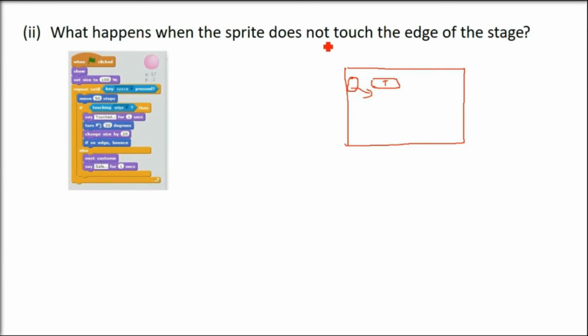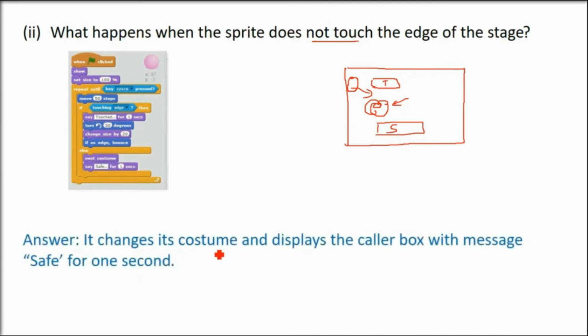So not touching is the else part here. The costume, or the attire, will be changed, and there will be a message: say safe for 1 second. I hope you got the idea. So it changes the costume and displays the color box with the message safe for 1 second.